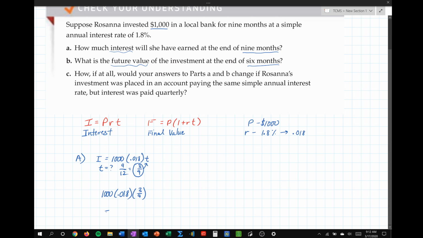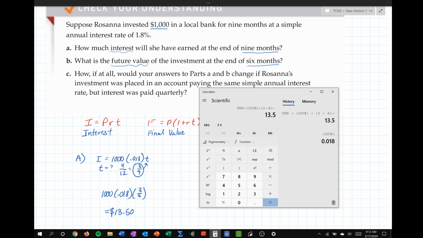Ultimately, the interest that's earned is $13.50. All right, any questions there? How are we doing?